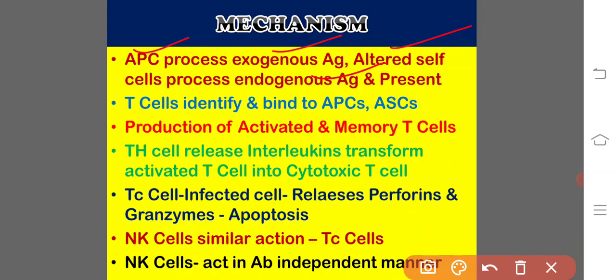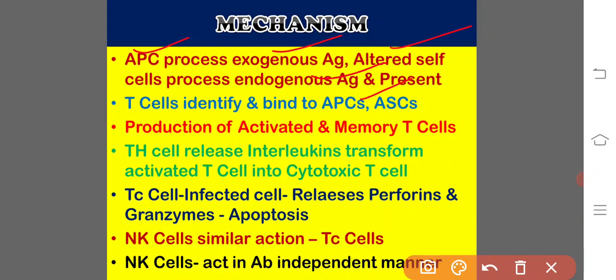The processed antigen fragments are displayed on the surface of these antigen presenting cells and the altered self cell membranes. These are all recognized by the T cell.